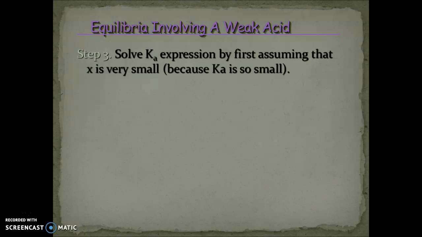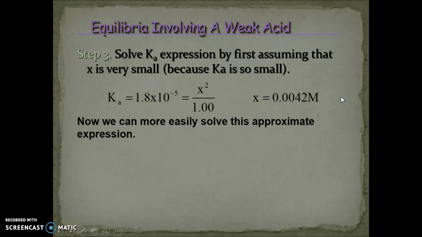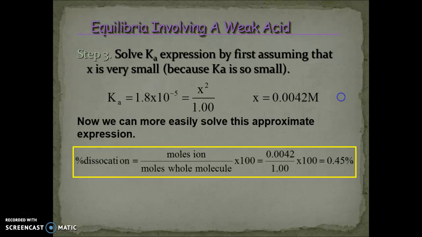Then step 3, you're going to solve the Ka expression. In this case, I assumed that x was really small, so I got rid of it. Again, the number you get is probably going to be slightly different if you keep the minus x in there and do the solve function. Once you have this, we've got a way of showing what the percent dissociation is.